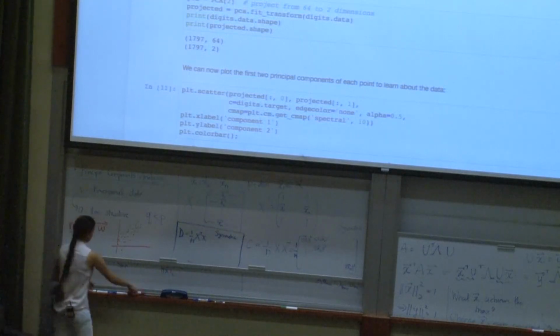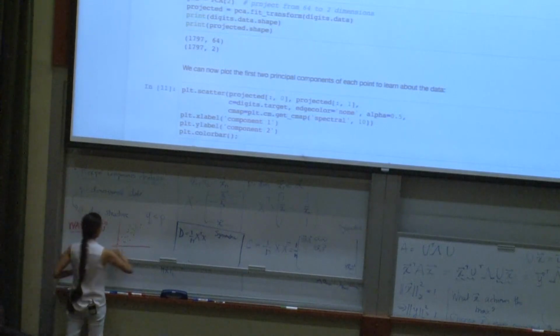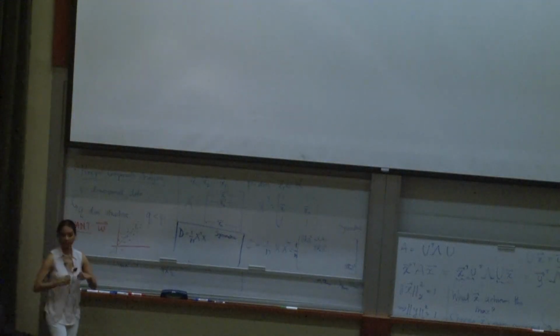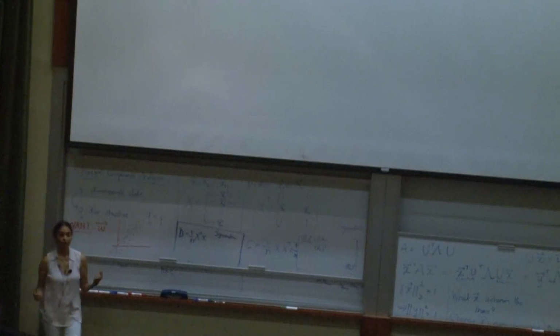It feels like there's an underlying one-dimensional structure here, right? So when I say I want to find an underlying lower dimensional structure, I'm trying to look for something like this. And so here, if I could find this direction w, I could project onto that particular direction, and that would help me uncover the underlying structure.